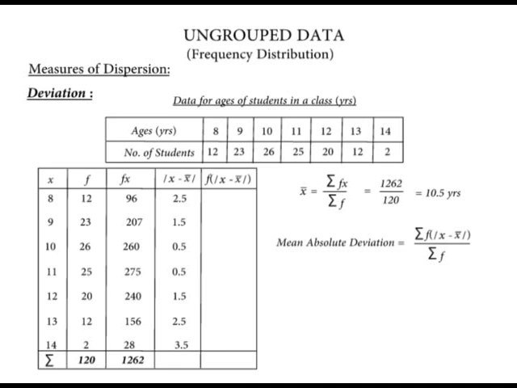For the first one, 12 times 2.5 is 30. 23 times 1.5 is 34.5. 26 times 0.5 is 13. If we proceed like that, we get 12.5, 30, 30, and 7. And then we get the summation of that, and it gives us 157. And therefore, the mean absolute deviation will be 157 over 120, which gives us 1.31, correct to 2 decimal places.